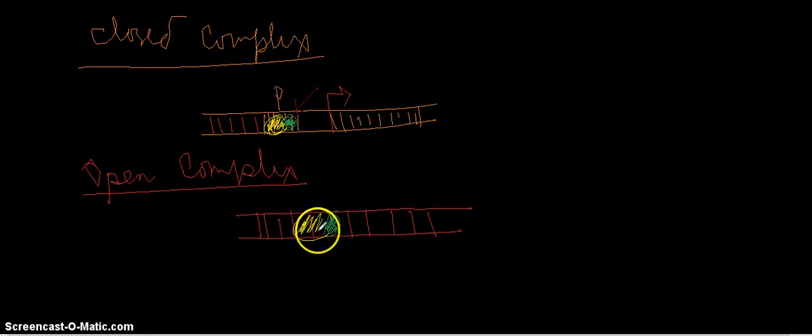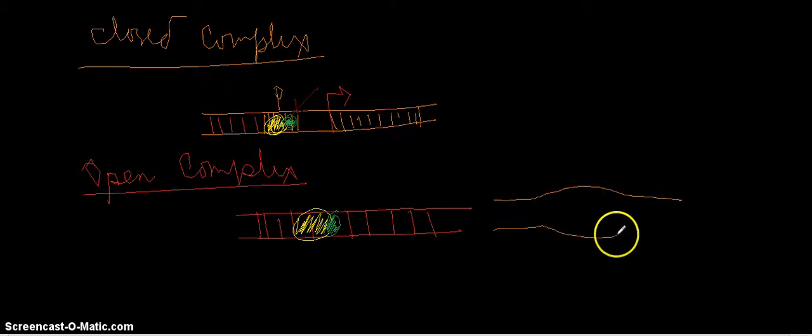Then it has got some intrinsic property, and it dissociates the two strands at that particular point. Actually it melts the double strand, and like the replication bubble, here also one kind of bubble is formed. This is the hydrogen bond, and in this portion the hydrogen bond has been broken.